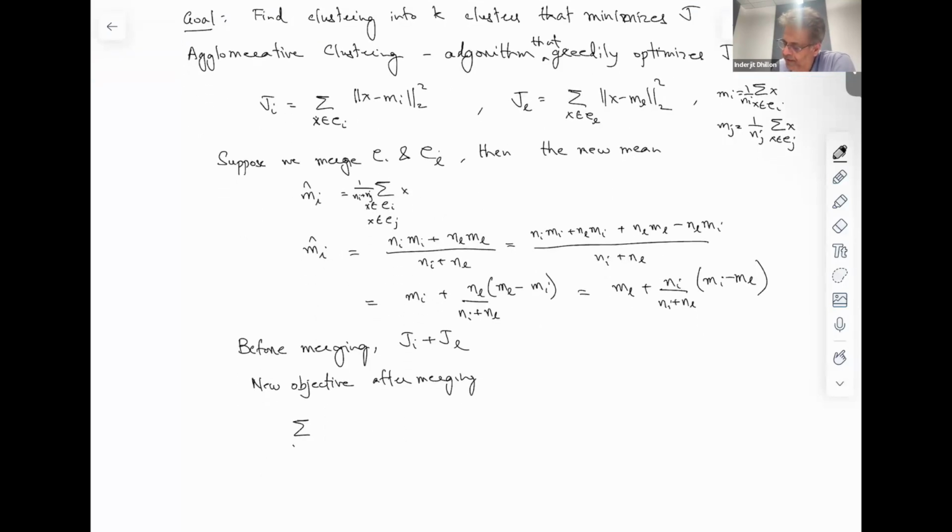Summation of x belongs to Ci, x minus Mi hat squared, plus summation of x minus Mi hat squared. Same thing, except here the summation is over cluster L.